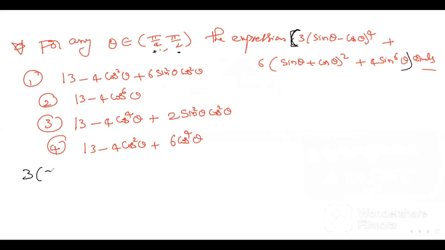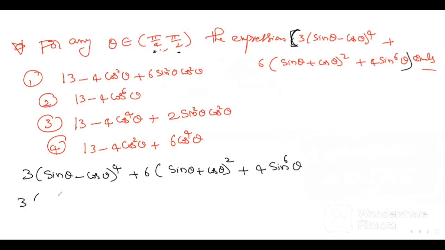3 times (sin theta minus cos theta) whole to the power 4 plus 6 times (sin theta plus cos theta) whole square plus 4 sin to the power 6 theta. Now we should apply (a minus b) whole to the power 4, which can be written as ((a minus b) whole square) whole square, the best method.